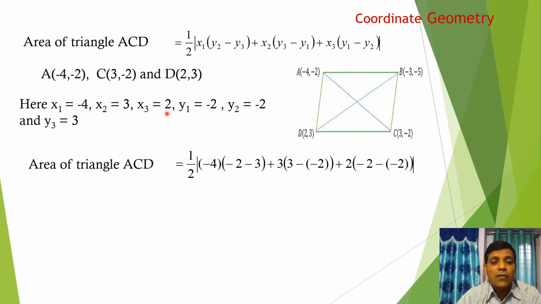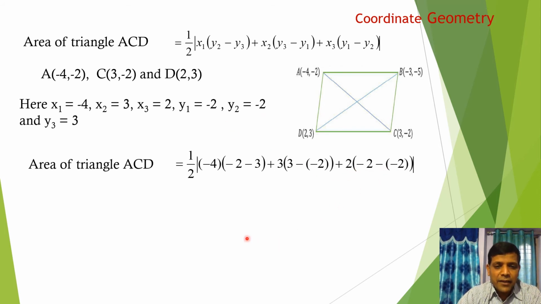So what is the value of y3? y3 means 3, minus y1 which is minus 2. So 3 minus of minus 2, plus x3, x3 value 2, into y1 minus y2. So what is the value of y1? y1 means minus 2 and minus y2 equals to minus 2. This is written as minus 2 minus of minus 2.